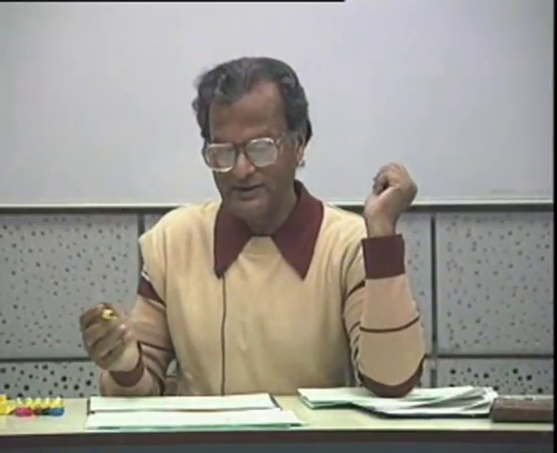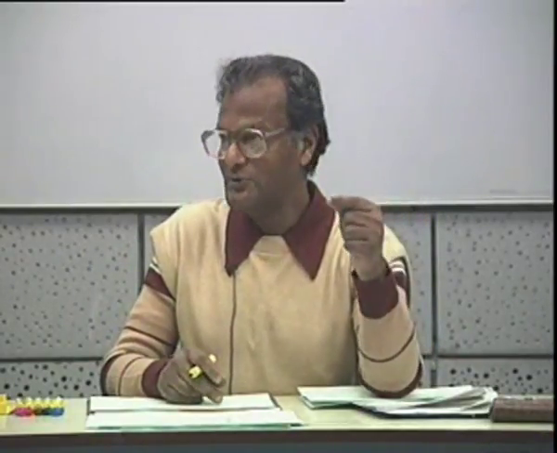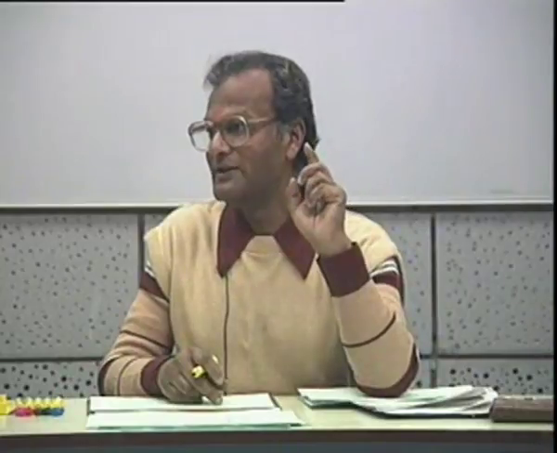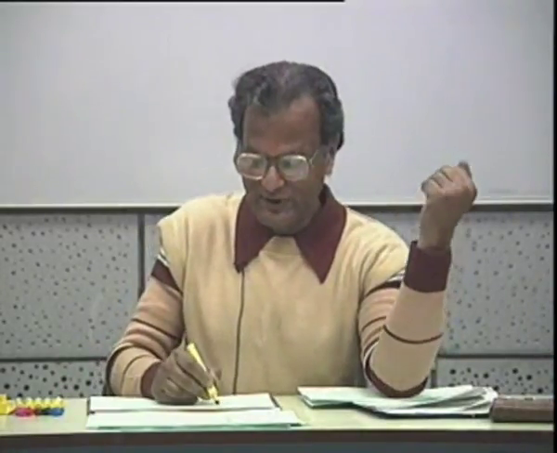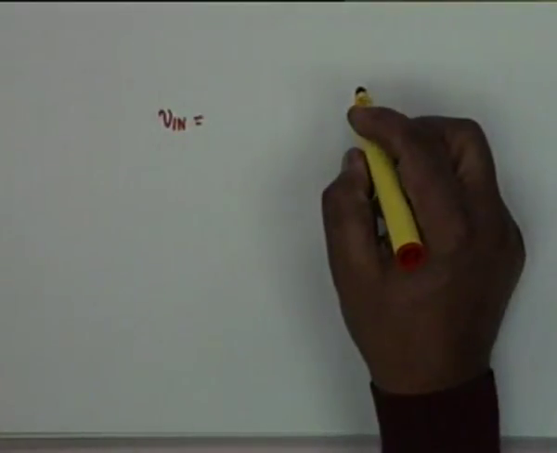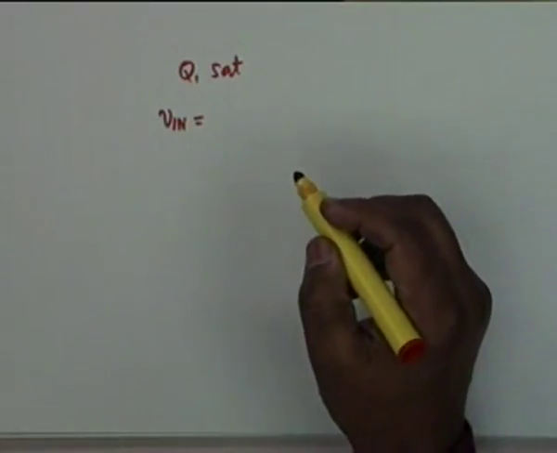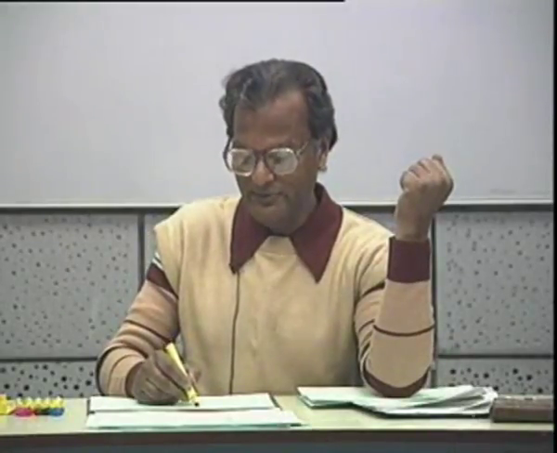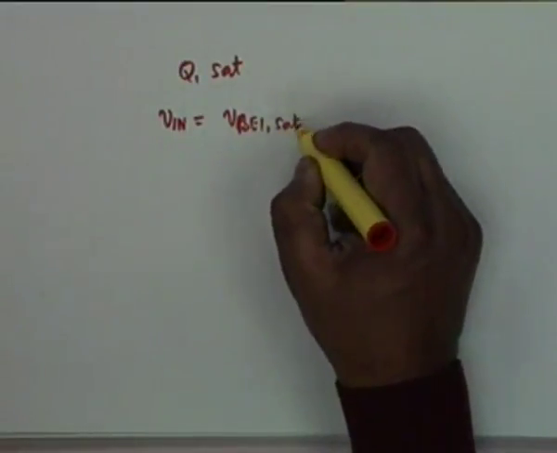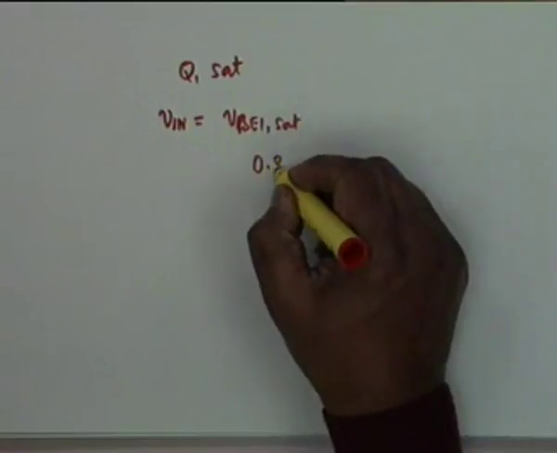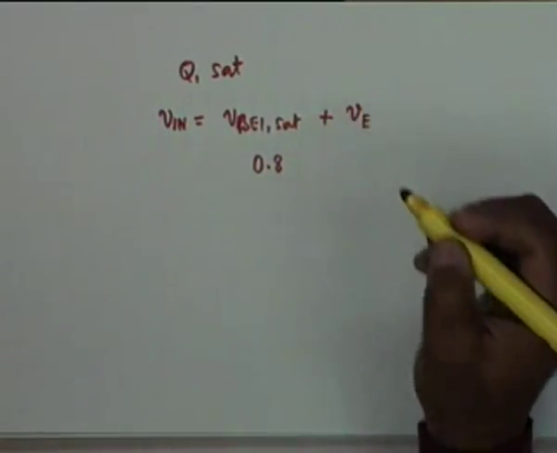If Q1 is saturated and Q2 is off, V in was made 2.99 volt to make Q1 conduct. But when it is saturated, what is V in? V in would be VBE1 saturated, which is 0.8 plus VE.